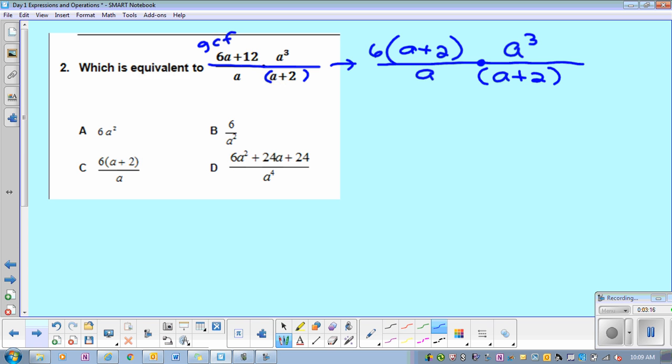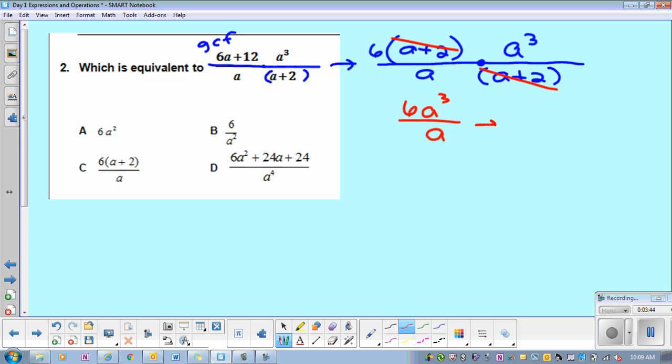So now that I have everything factored, you're going to see what's the same on the top and on the bottom. What can I cross out? The A plus 2's. So then now I have 6a cubed over A. But guys, A cubed means I have how many of them? 3, right?